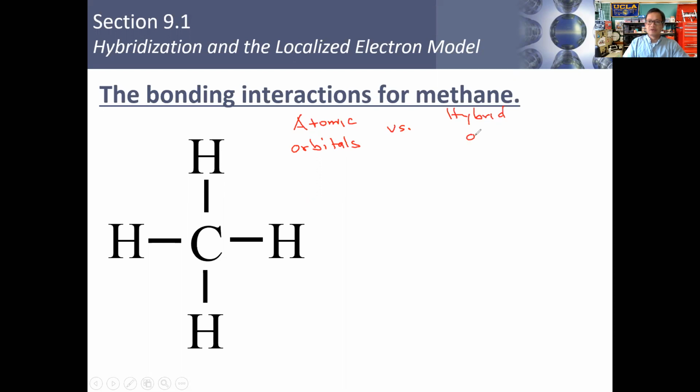The atomic orbitals are the s, the p, the d, the f orbitals that we talked about back in chapter 7, so make sure you review this back in chapter 7. And the hybrid orbitals are orbitals that occur within the molecules.